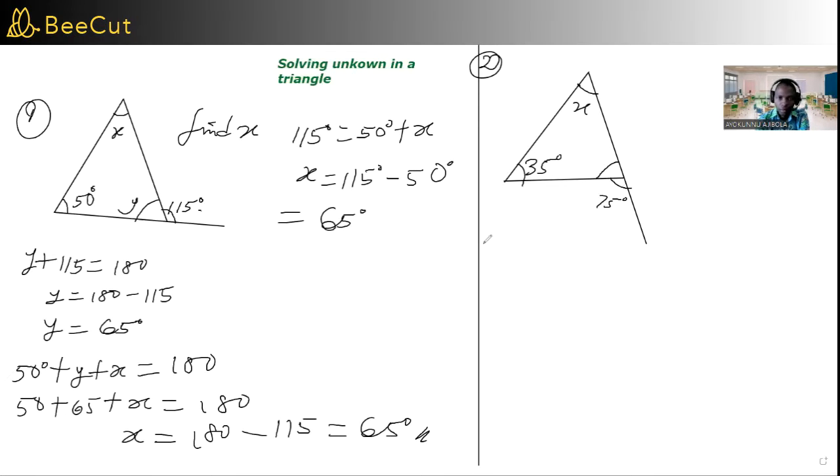I can use two methods here. Anyone I use, say this is the opposite angle. So 75 equals 35 plus x. So x equals 75 minus 35. So 70 minus 30 is 40 degrees. So that is 40 degrees.